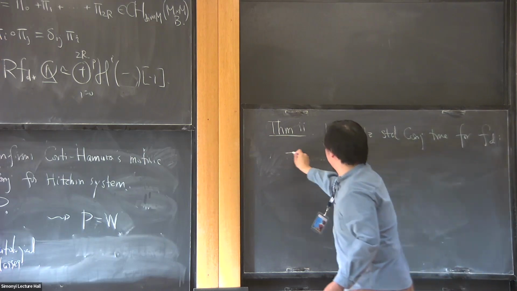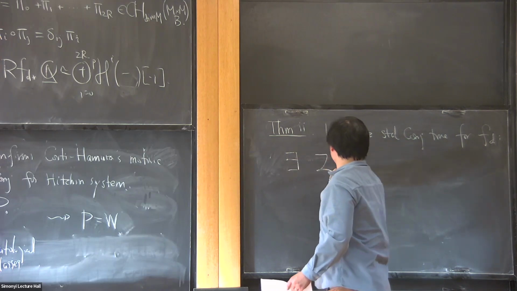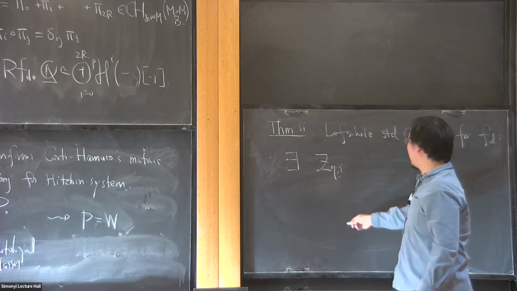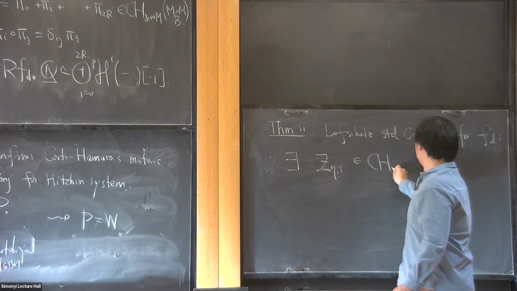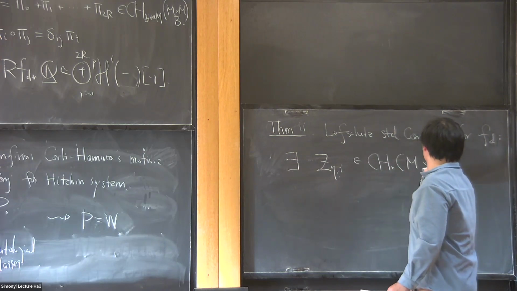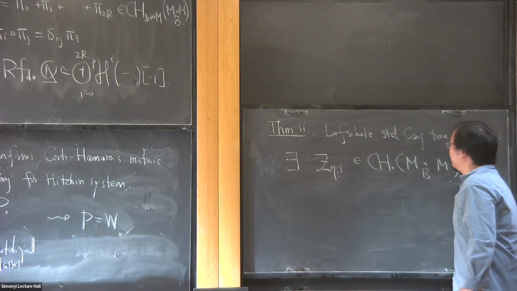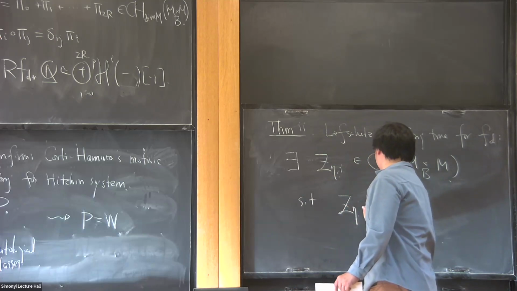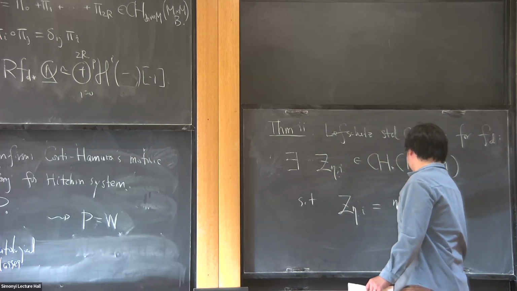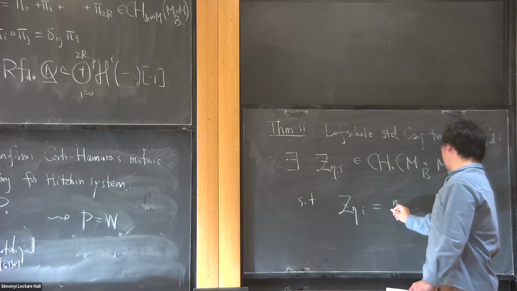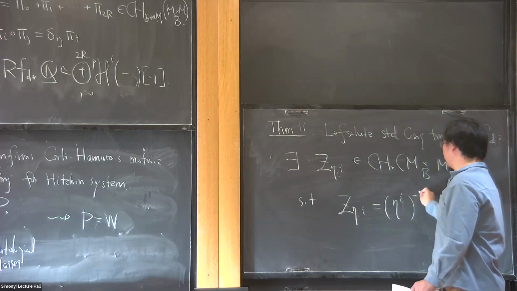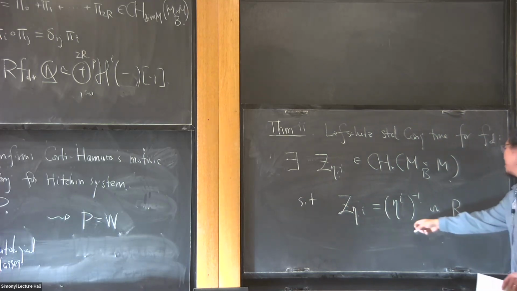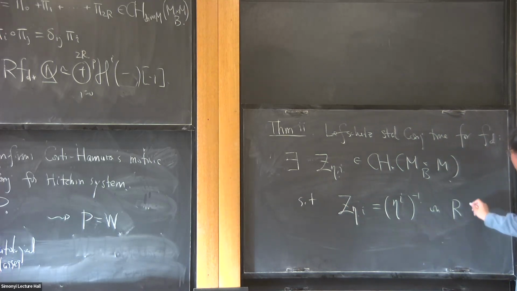Namely, there exists a cycle which depends on eta, the relative ample class, in the relative Chow group, such that this correspondence on the decomposition theorem is the same as the cup product with eta inverse. So in other words, the inverse of the Lefschetz operator is motivic.